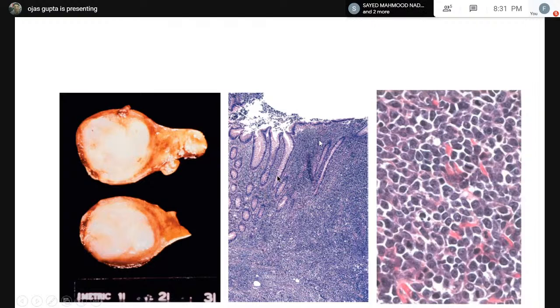And on microscopy, you can see that there is diffuse proliferation of regular cohesive cells with a starry sky pattern in between. On further higher power view, we can appreciate that these cells are monotonous. They are medium-sized lymphoid cells with squared off borders, with finely clumped nuclear chromatin, and there are multiple basophilic nucleoli.